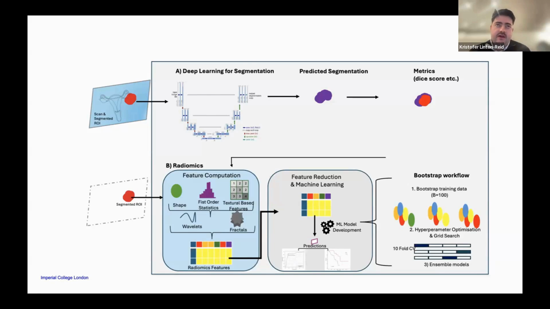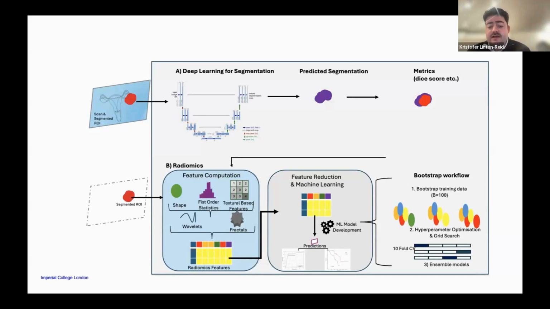These can be how circular the mass is or how irregular the shape is, etc. And in addition to that, there are higher order features, and that's when you put filters on top of the image. These can be called wavelet transforms or fractal transforms. But ultimately, what we end up with is this tabular matrix of data that we can call radiomics features. With this tabular data, we then feed that into our machine learning model development.